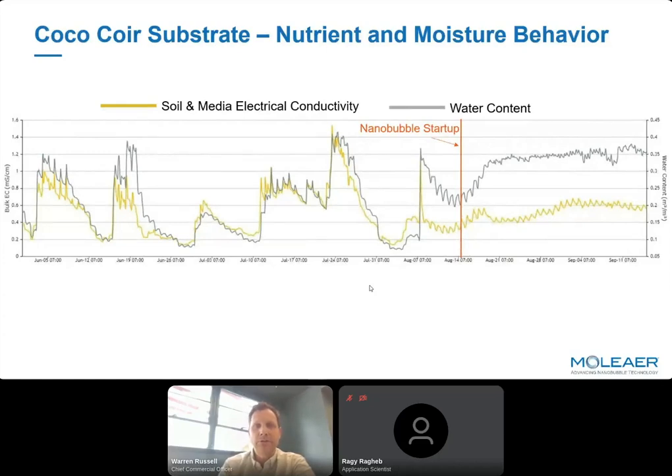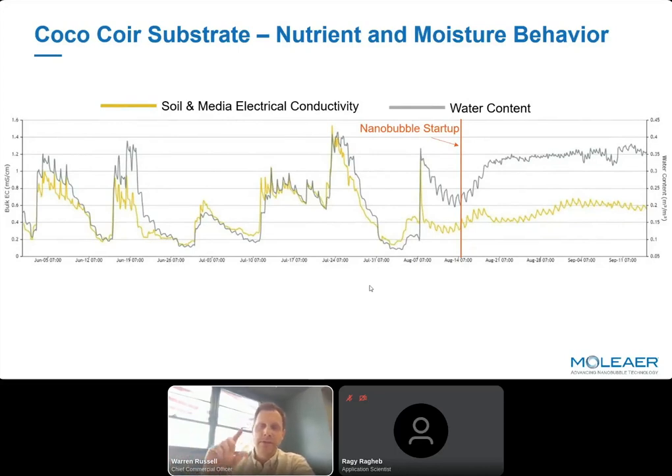Very interestingly, you start to see the separation between the water content in that substrate as well as the conductivity. What we're most interested in from this data is that you start to see this stabilization of the conductivity.